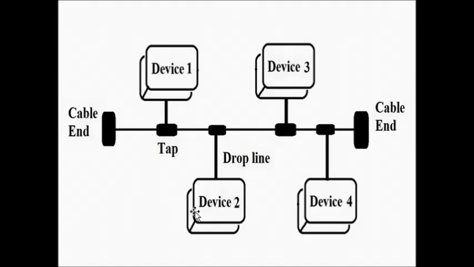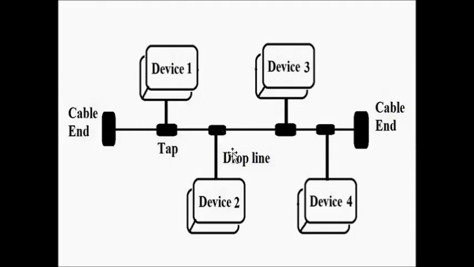It can either be shared simultaneously or temporarily. It means the devices can either take turns, wait for their turn for communication, or they can do it simultaneously. So the devices are connected to this main cable through taps and drop lines.